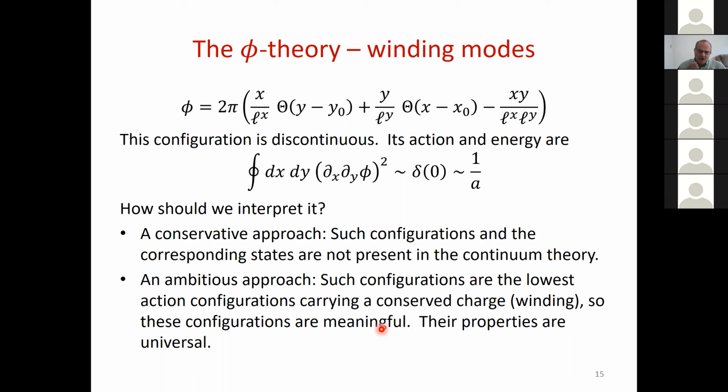So the violation of the charge is at order 1 over a squared, whereas the energy of this guy is at order 1 over a. So in that sense, if you look at the lattice excitations at order 1 over a, there is an exact symmetry, which is the winding symmetry. You have to probe the spectrum at order 1 over a squared, which is much higher energy, in order to see that the symmetry is not there. Thank you.